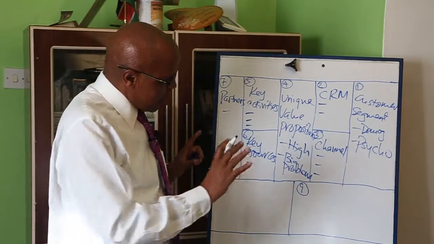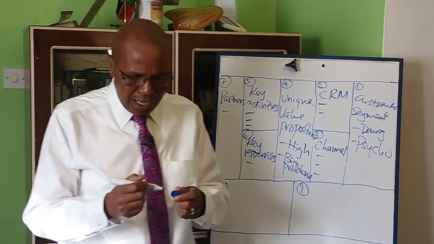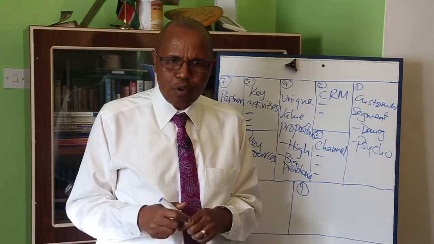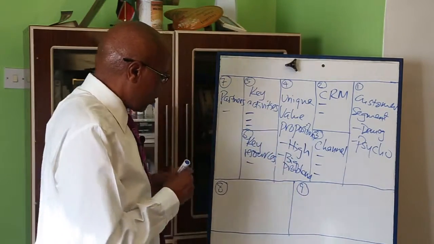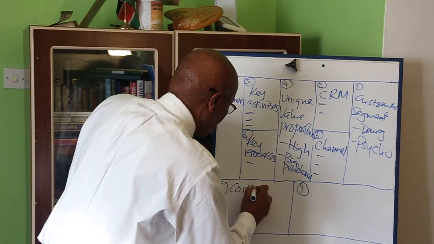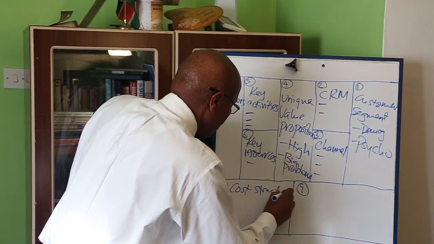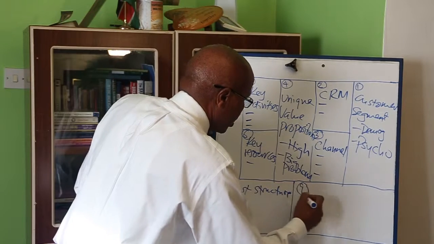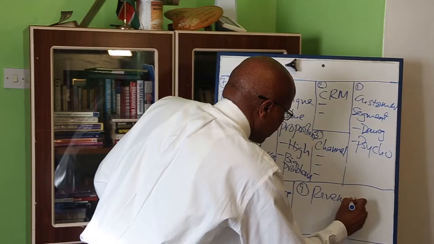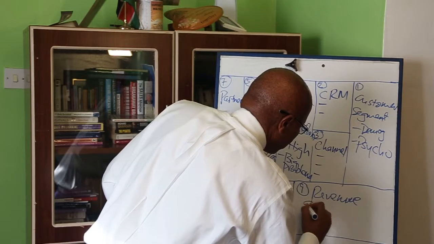Now, the final 2 areas that are important in ensuring that your business makes sense and is successful, I'll talk about both together. One is your cost structure, and the other one is your revenue channels, revenue streams.